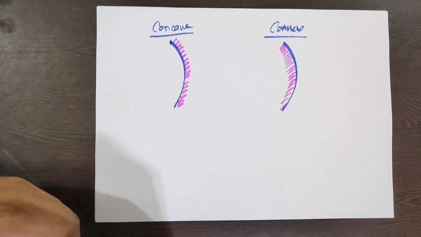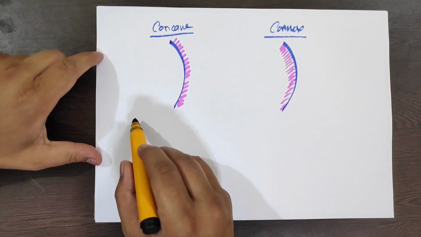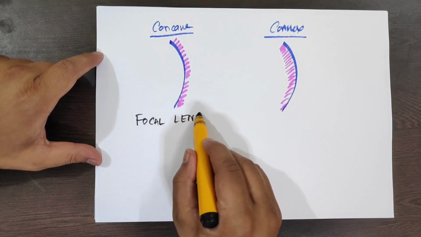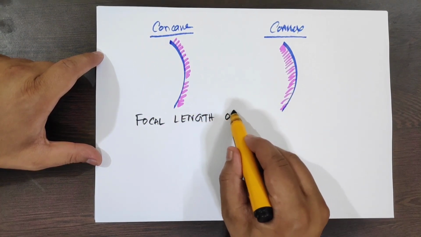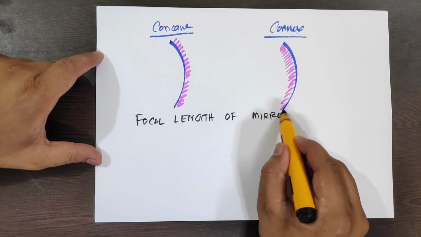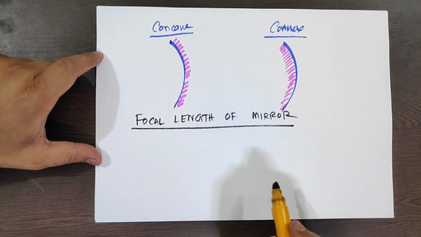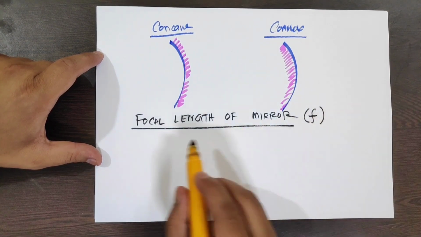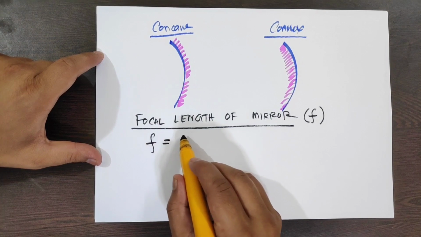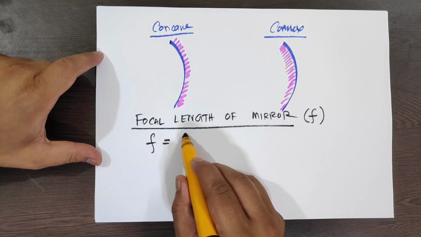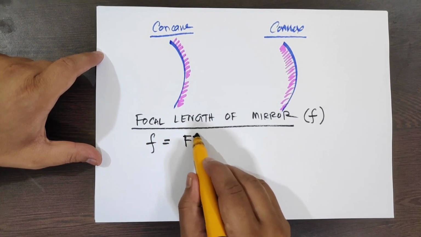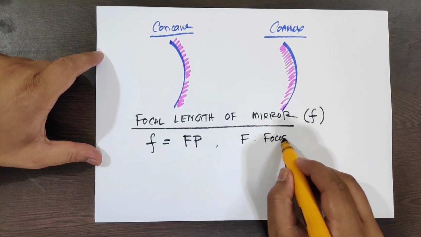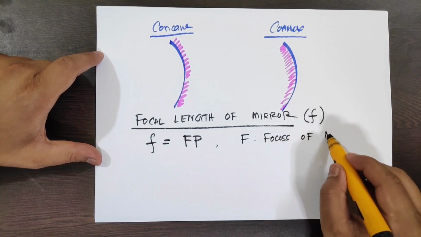Now we'll define the focus and focal length of the mirror. The focal length of the mirror is represented by f. Now f is equal to FP actually, where F is the focus of the mirror.